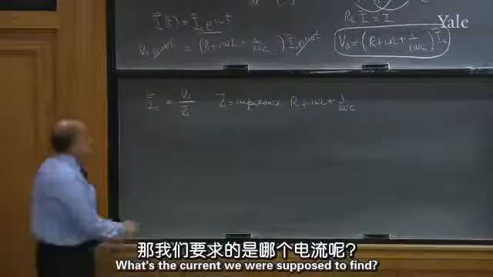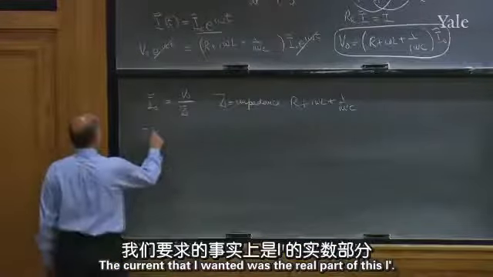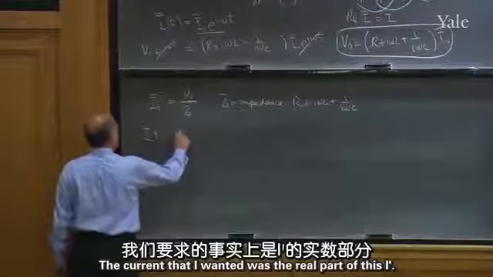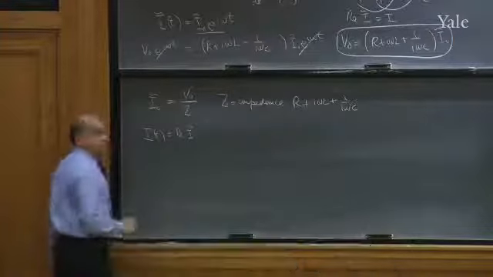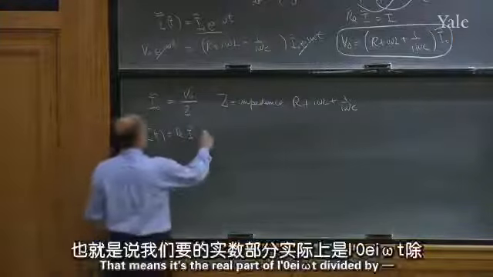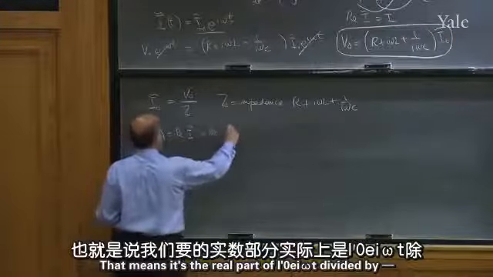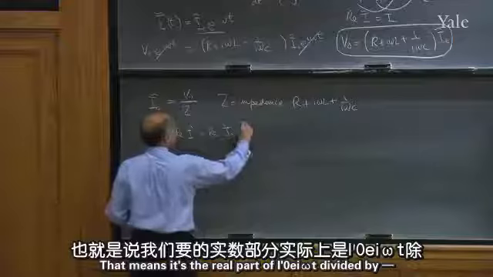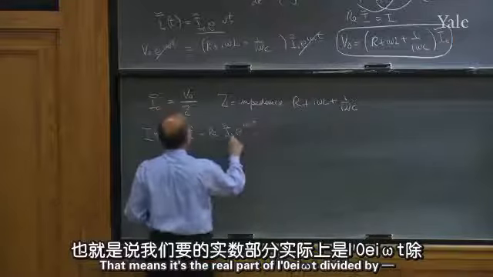What's the current we're supposed to find? The current that I wanted was the real part of I twiddle. That means it's the real part of I twiddle 0 e to the I omega t.